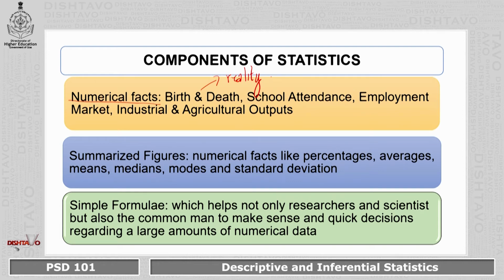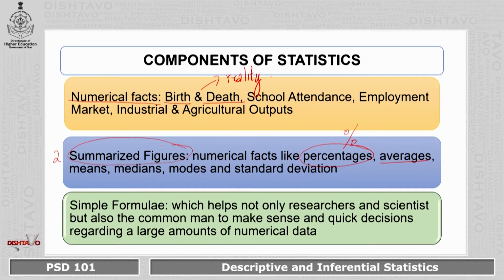Taking it a notch higher, we have what are called summarized figures. Summarized figures refer to numerical facts that are processed in particular ways, like in the form of percentages or averages. For example, we can have an average of births in a given year, or an average of deaths in a given year. This is the second component.